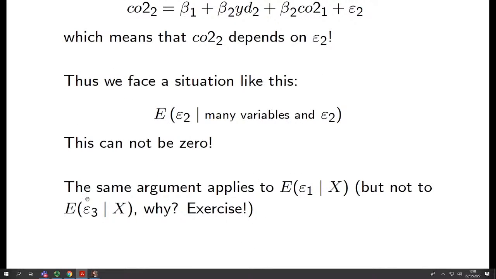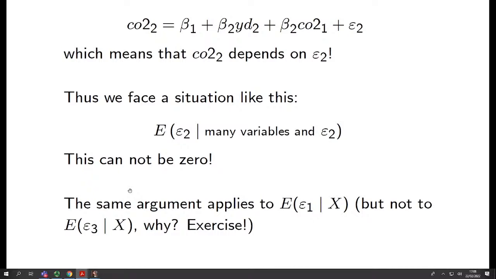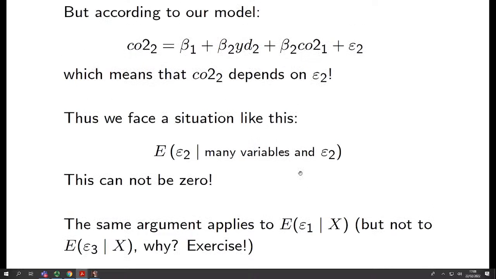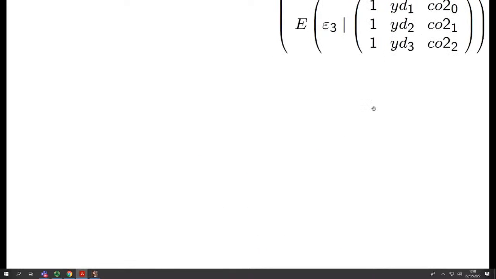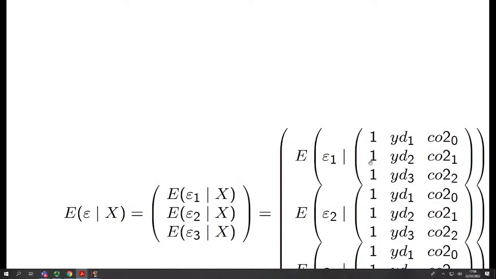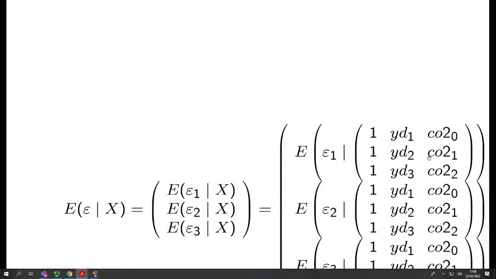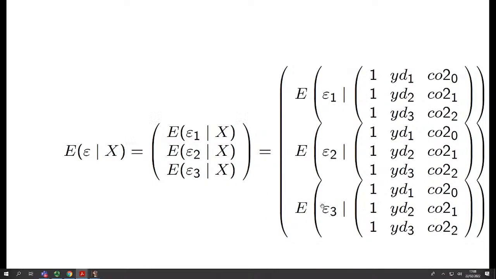Of course, the same argument applies if you consider the expected value of epsilon 1 given this matrix, do the exercise, but not with the last term here. Think about it. You will find that inside the X matrix, there is no epsilon 3.